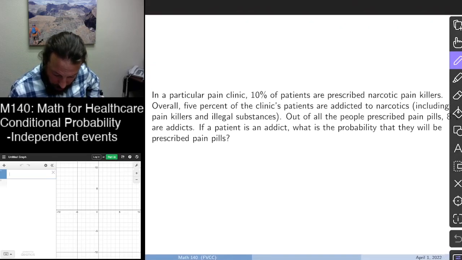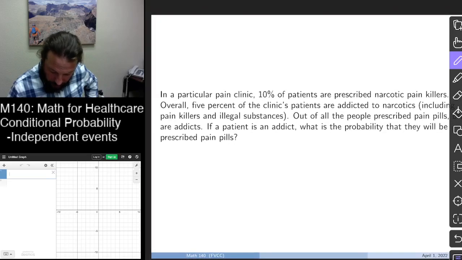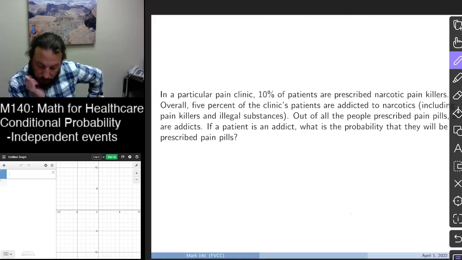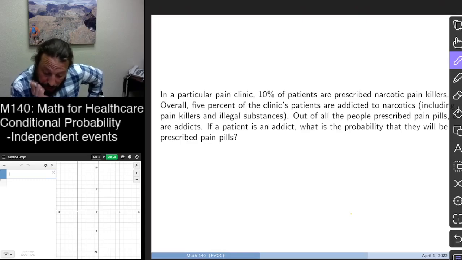Now let's see. In a particular pain clinic, 10% of patients are prescribed narcotic painkillers. Overall, 5% of the clinic's patients are addicted to narcotics, including painkillers and illegal substances.